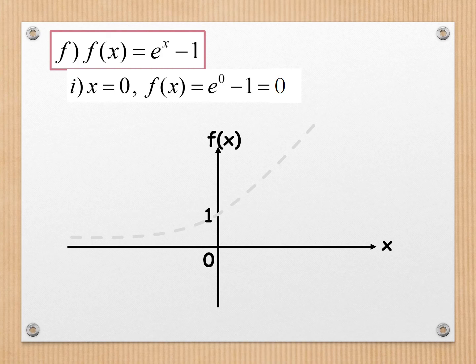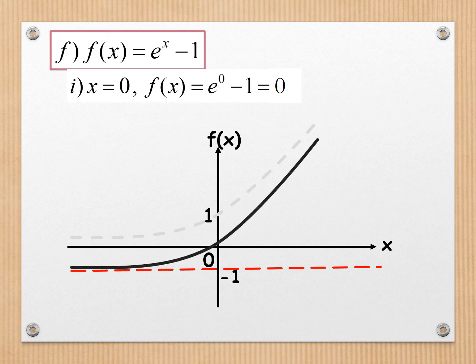So we shift the graph down, and it also has a horizontal asymptote y equals -1. So the graph is shifted down until it has y-intercept 0. So from this graph, we notice that the domain is negative infinity to infinity. The range is -1 to infinity.